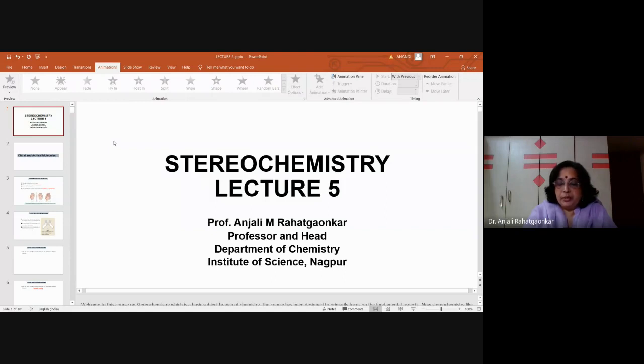Various symmetry elements. Okay, so there might be some questions in your mind as to why we have studied the various symmetry elements. Now we are applying this concept to chirality and of course optical activity.